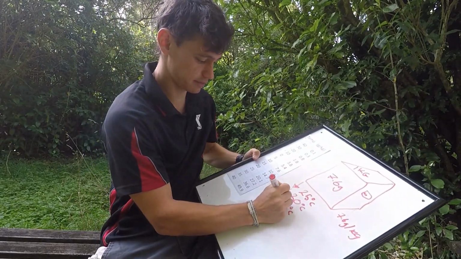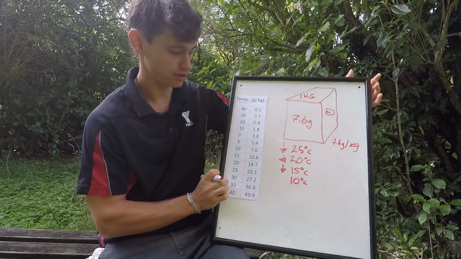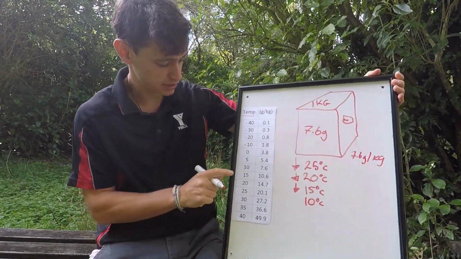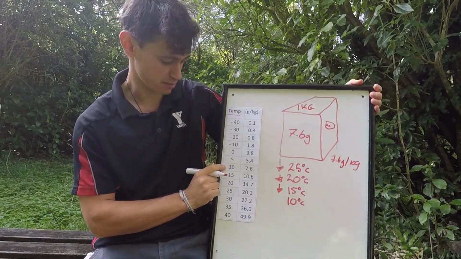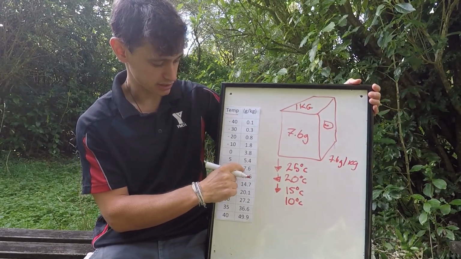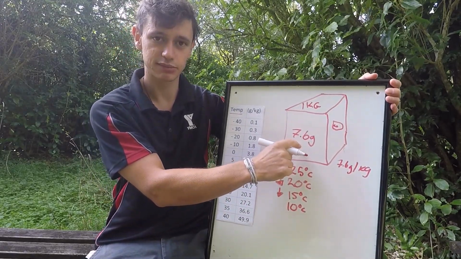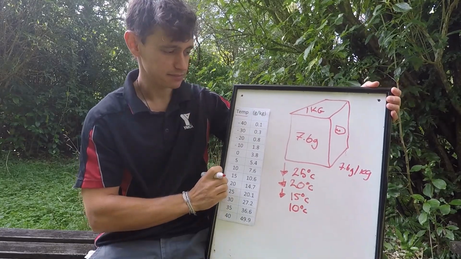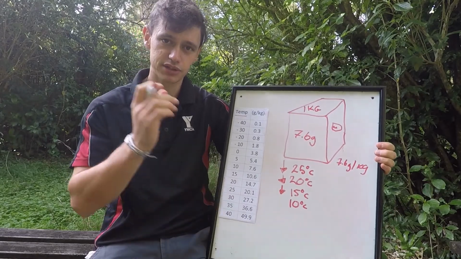So we're going to cool it down even further to 10 degrees. So now we're at 10 degrees. We can see that at 10 degrees, the maximum amount of water content is 7.6, which is the same amount of water content that is in this box, which means that this air at 10 degrees is now saturated.